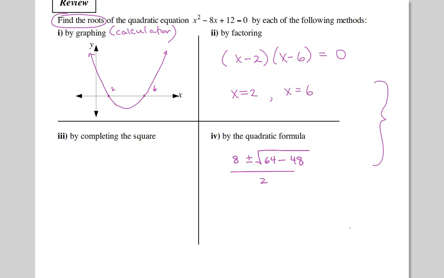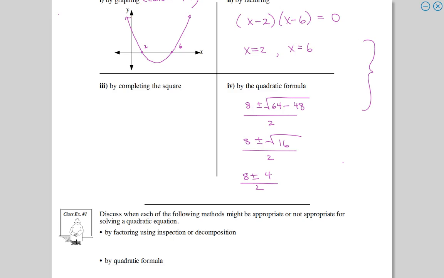Okay, so you have 8 plus or minus 64 minus 48 is, thank you, all over 2. So it's 8 plus or minus 4 over 2. So the 2 answers are 8 plus 4 over 2, and the other one would be 8 minus 4 over 2, and those are 12 over 2, which is 6, and 4 over 2, which is 2. Just like we expected, right? x1 and x2.